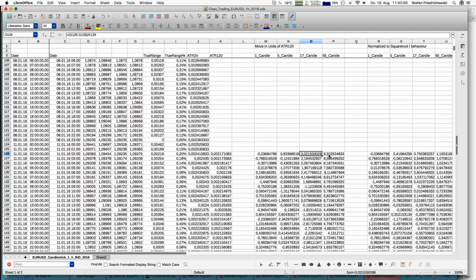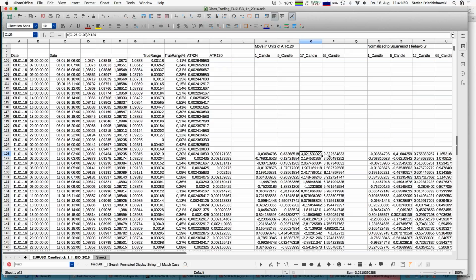Since we know that typically the higher the number of candles we look into the history, the higher is the movement. You might remember from last webinars that we learned that there's more or less a universal general price-time relationship, so typical price movement versus time, and that was the square root behavior in time.